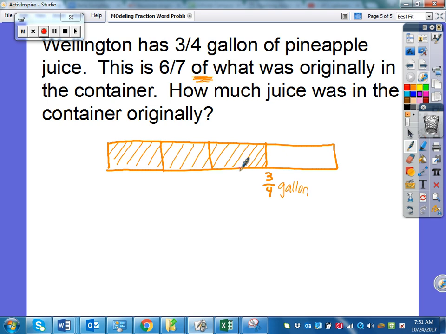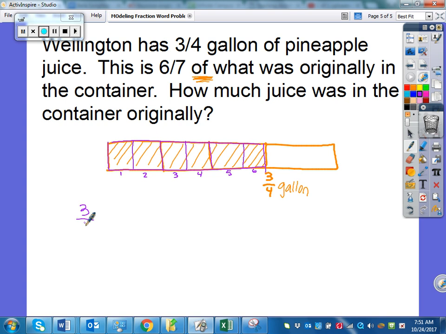I know I can easily change it into 6 equal parts by splitting each of the parts in half. So now when you look at my diagram, you'll see that I have 6 equal parts. Let's look at them: 1, 2, 3, 4, 5, 6. I have 6 equal parts.